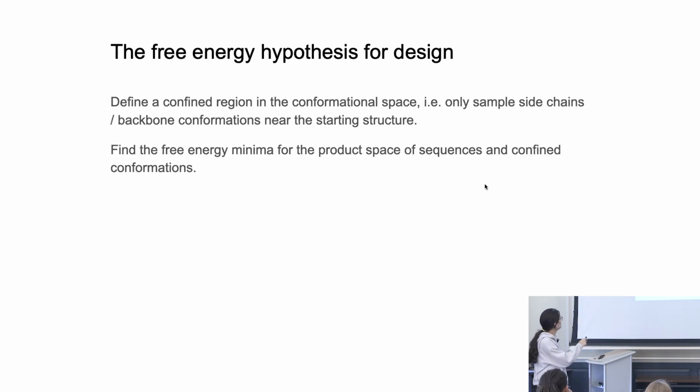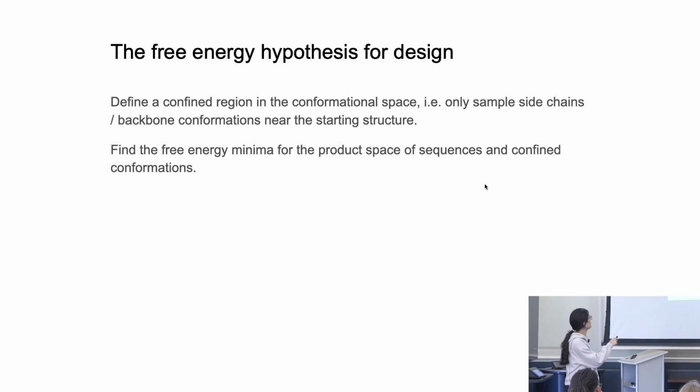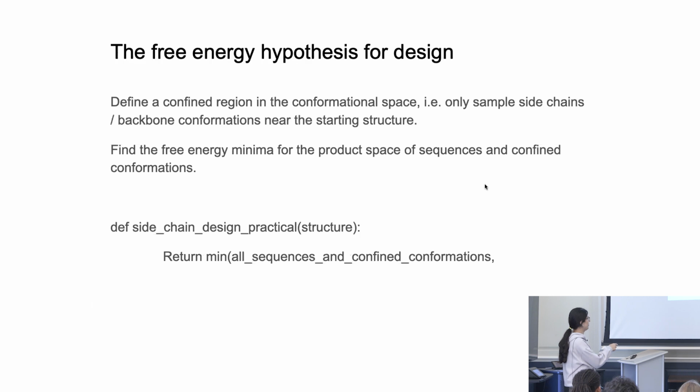And our goal is to figure out what sort of movements we can have in those atoms such that the energy is minimized. And then we're also going to search the space of sequences and figure out for these conformations what's a possible sequence that will give us the structure. And this is a combination of the two code snippets that you saw. So the idea is to search over all sequences and all possible but physically confined conformations based on free energy and then pick the minimum.